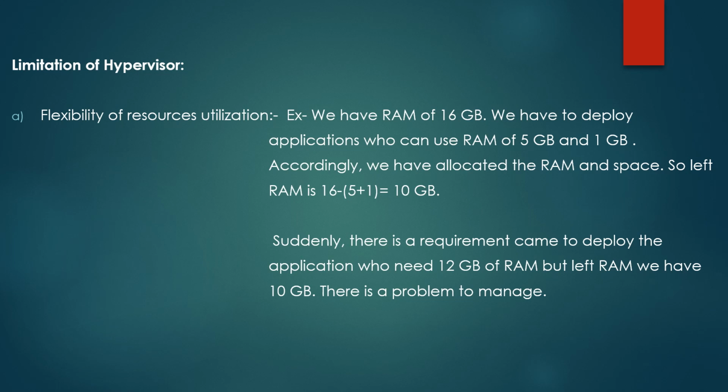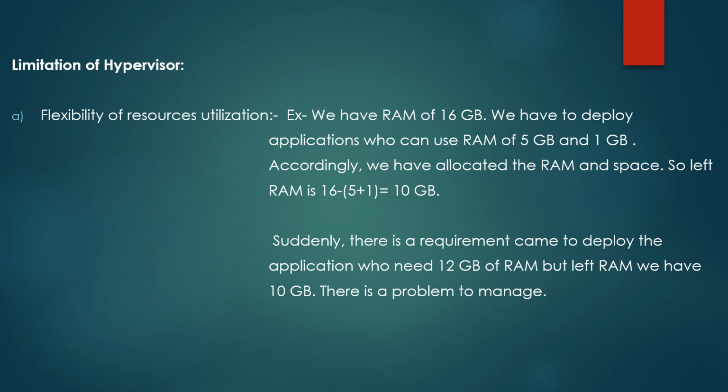Yes, because there are certain limitations of a hypervisor, in which number one is flexibility of resource utilization. For example, we have RAM of 16 GB, and we have to deploy applications that use RAM of 1 GB and 5 GB. So accordingly, we have allocated the RAM space to the hypervisor. Now the left RAM we have is 16 minus 5 plus 1, which is equal to 10 GB.